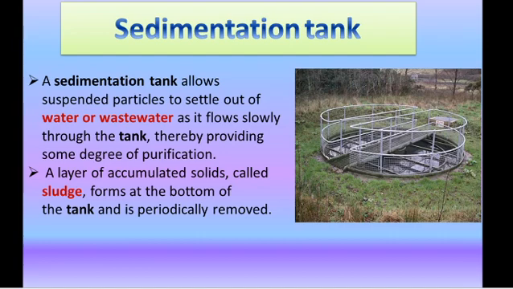This is the first way of purifying the water. A layer will be formed at the bottom of the sedimentation tank, that is called sludge. We can remove that sludge periodically. So the first step in the sedimentation tank is allowing the suspended particles to settle down.